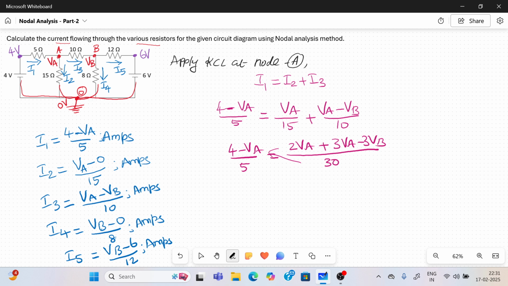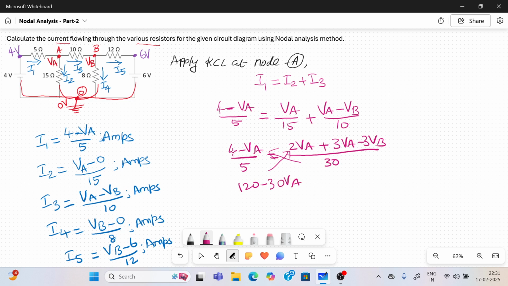This 30 will go this side. We have to do the cross multiplication, right? So this 30 will come this side. What happened? So 30 into 4, 120 minus 30 VA.